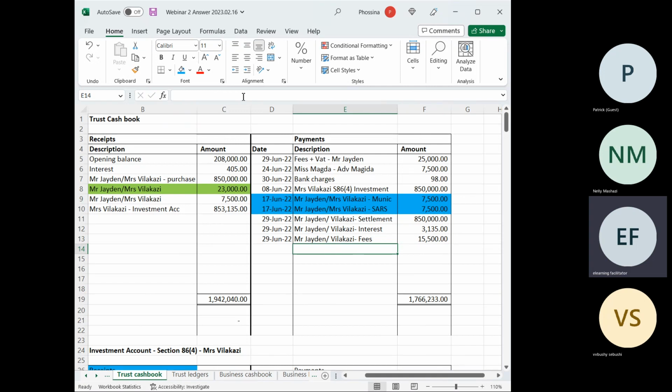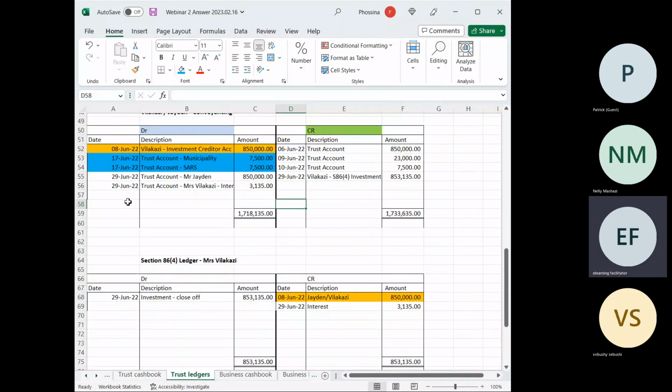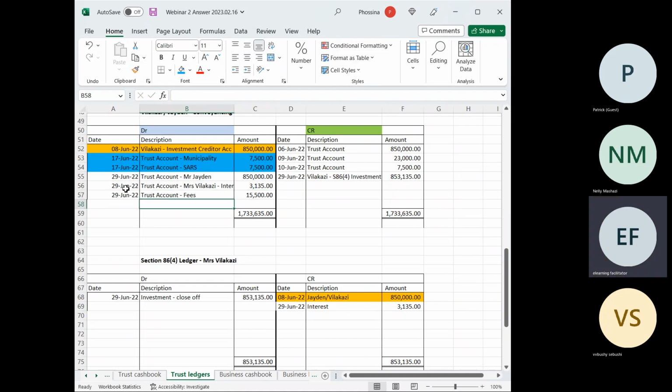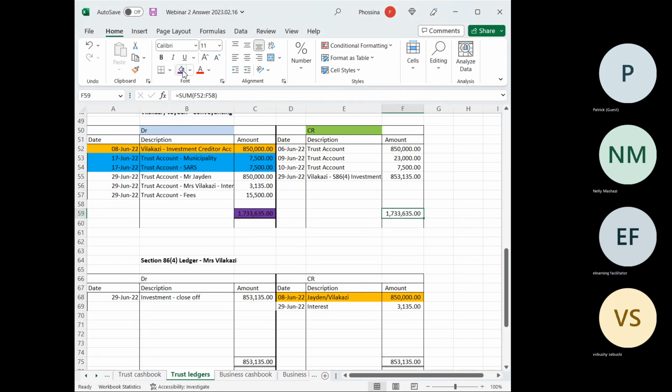And on our trust ledger, we also come same date. Okay, so if you can have a look at our ledger, these two amounts are now balancing.